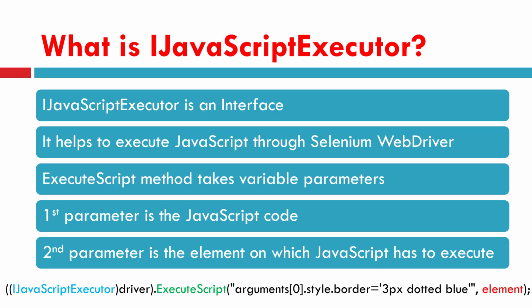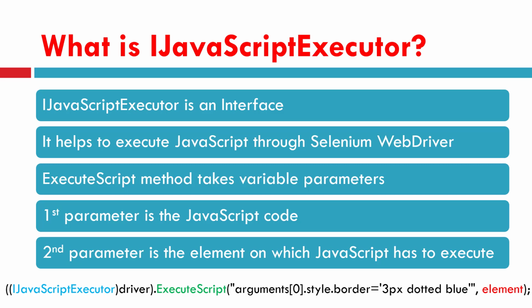For that element, the style border is set to 3px dotted blue. That means whenever we find an element and pass it, that element will be bordered with a dotted blue line, highlighting the element on which we are taking an action. What type of actions?